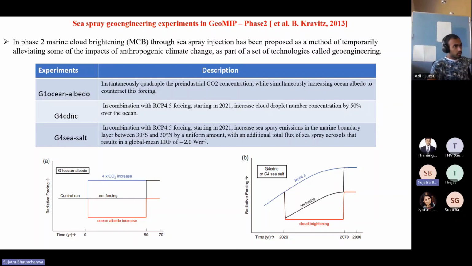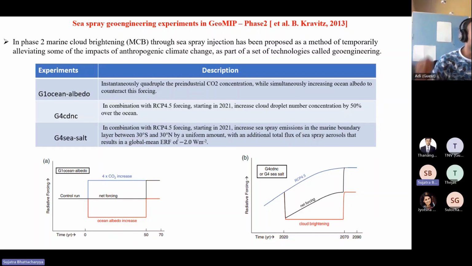In this scenario, they combine the RCP 4.5 forcing starting in 2021 and increase the cloud droplet number concentration by 50%, or increase the sea spray emission in the marine boundary layer between 30 south to 30 north by a uniform amount, until the effective radiative forcing decreases by 2 watts per meter squared.